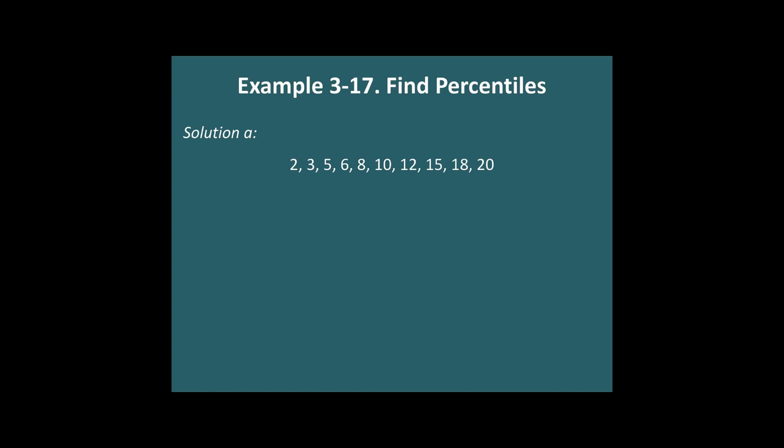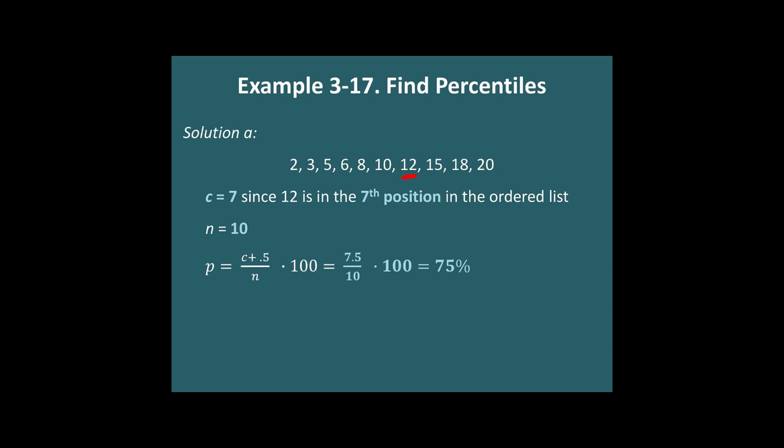Here once again is the ordered list. Here C equals 7, since 12, as we can see, is in the 7th position in the ordered list. Since there are 10 students, n equals 10. Plugging these values into the formula, we get 7.5 divided by 10 times 100 gives us 75%.